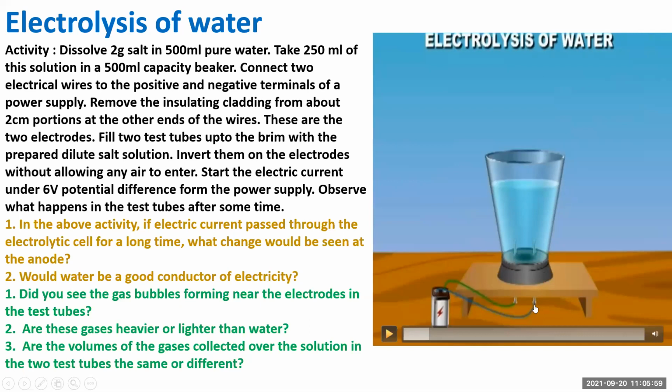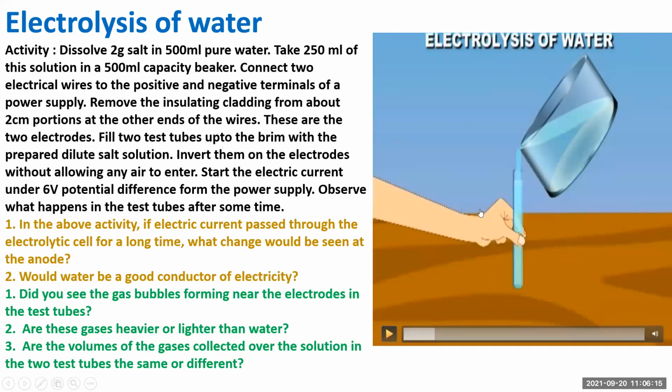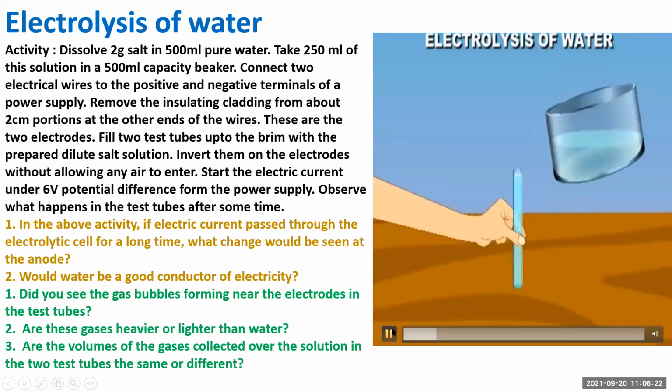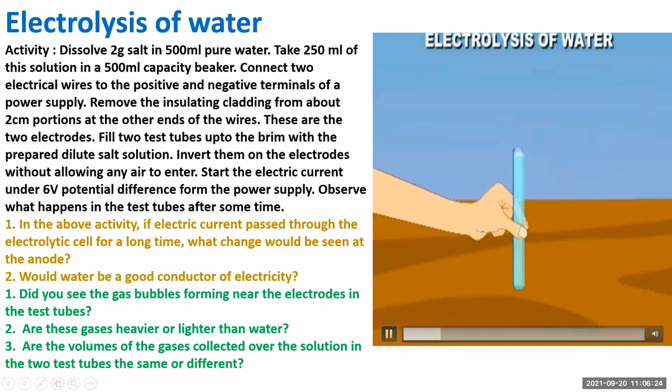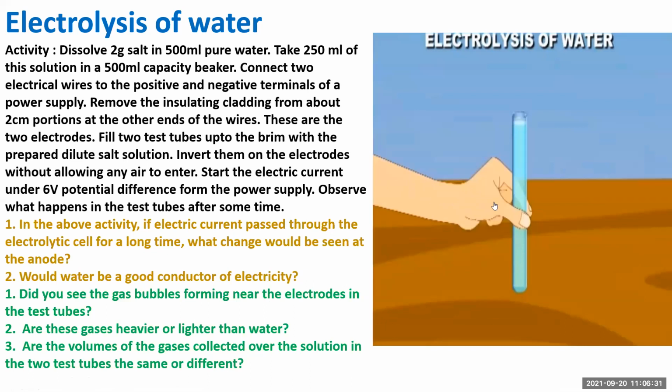These electrodes are further connected to the two terminals of the battery. This is a battery. Now further take the test tubes and fill them with the salt solution, and put those test tubes into the electrolytic cell in this way.